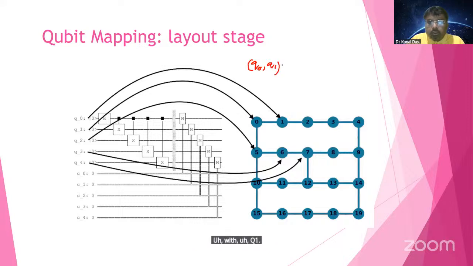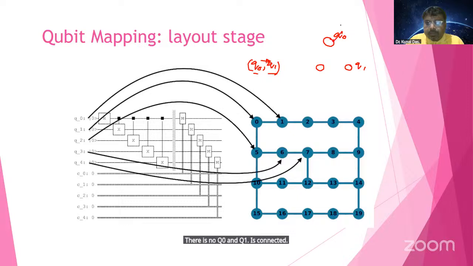I want these two pair to be connected. But unfortunately, suppose in the physical qubit layout, Q0 and Q1 are not connected.